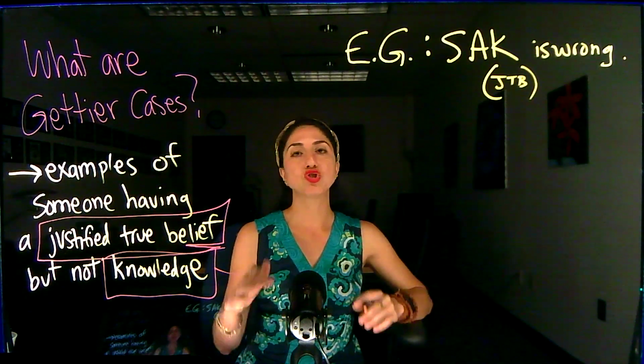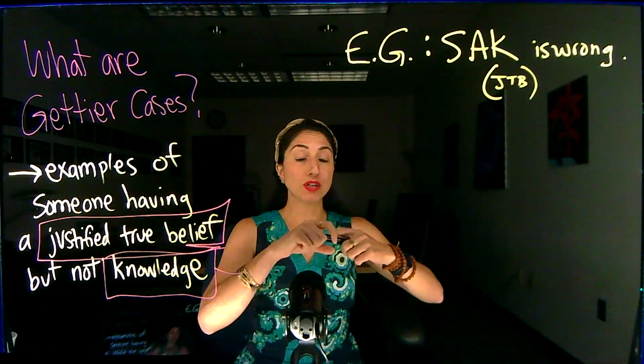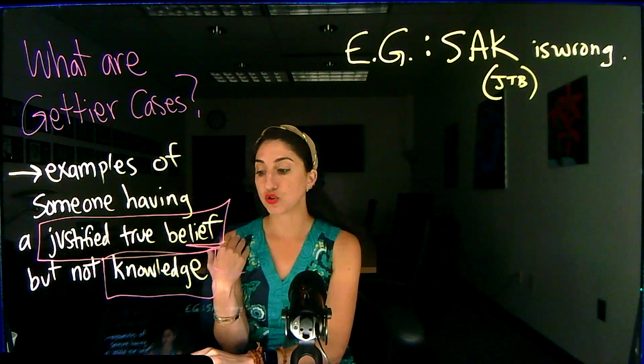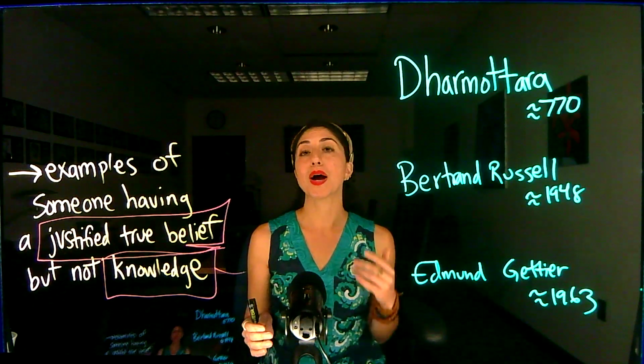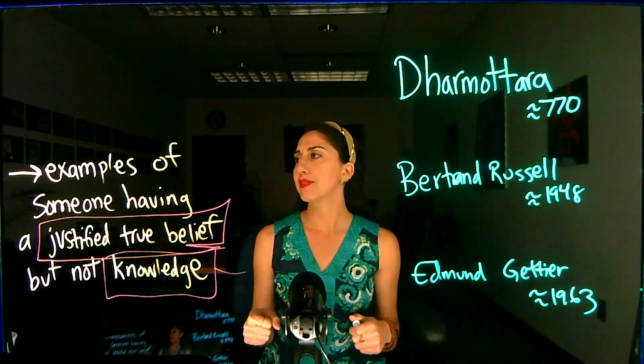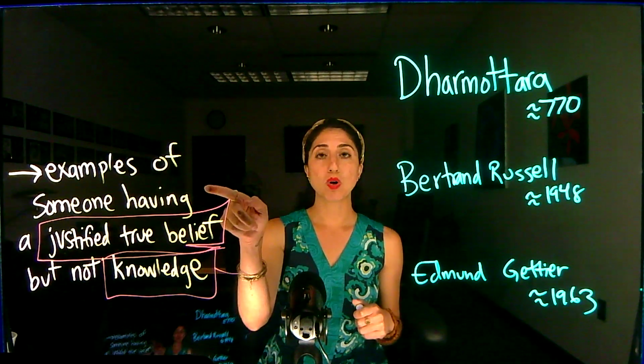So a Gettier case is just an example where you've proven that knowledge has to be something other than a justified true belief.